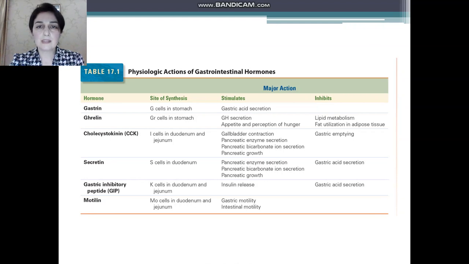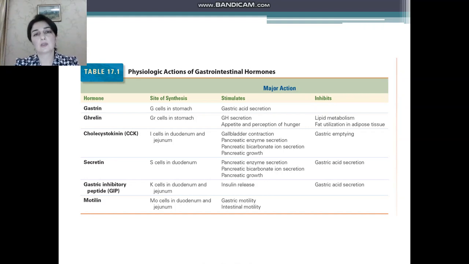If we talk about the parietal cells, I want to mention that the activity of parietal cells will be stimulated by the action of gastrin, then histamine and acetylcholine. Acetylcholine is released from parasympathetic nerve endings. Also, it is produced by special enteroendocrine cells in the wall of the stomach. And the activity of parietal cells will be inhibited by gastric inhibitory peptide, then somatostatin, which is also produced by enteroendocrine cells, and also inhibited by prostaglandins.